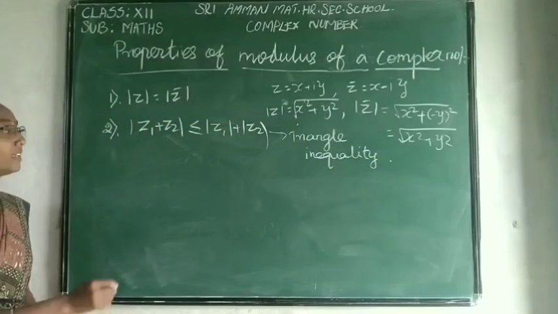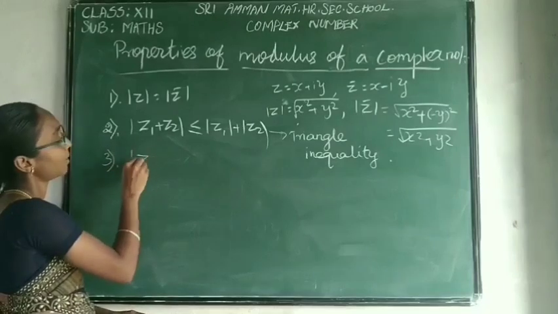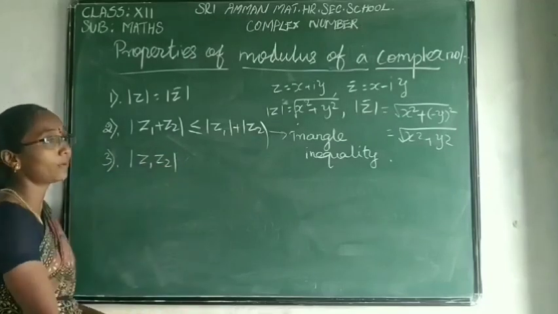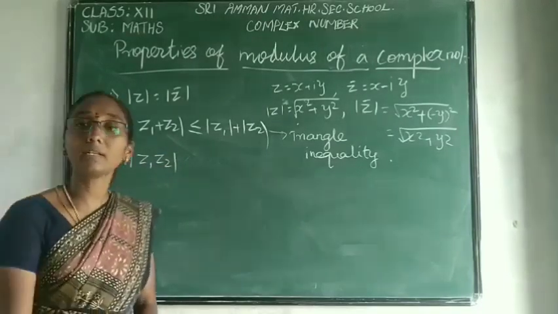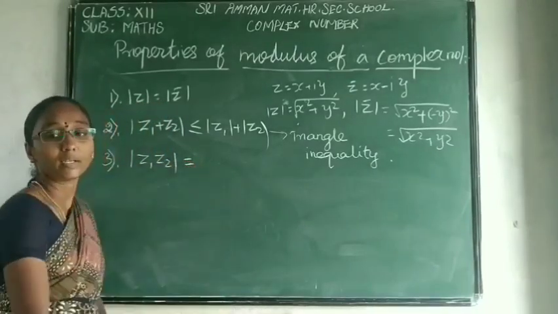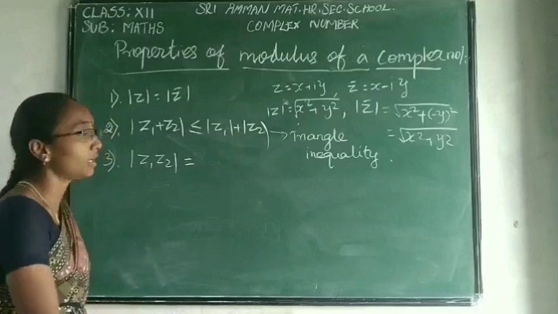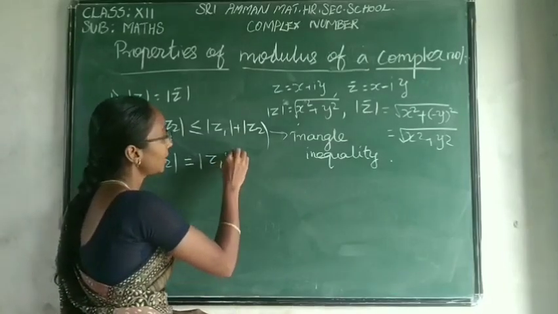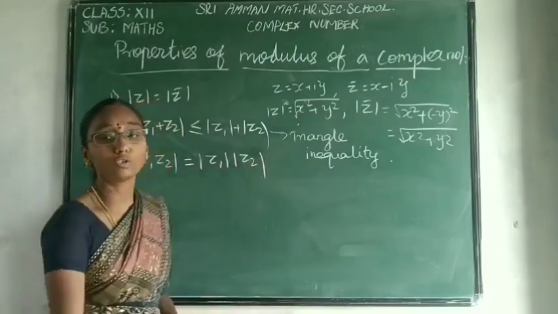Okay. And then the third one: modulus of z1 z2, the product of two complex numbers taken as the modulus, is equal to modulus of z1 into modulus of z2.